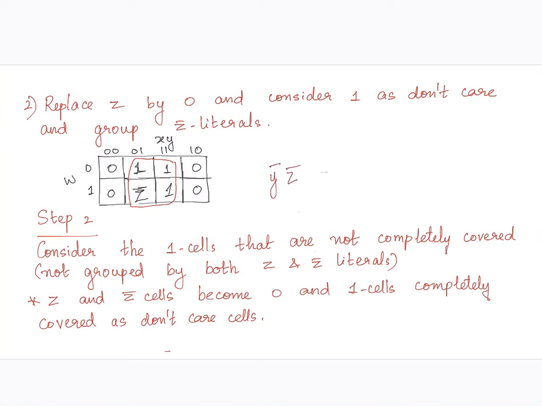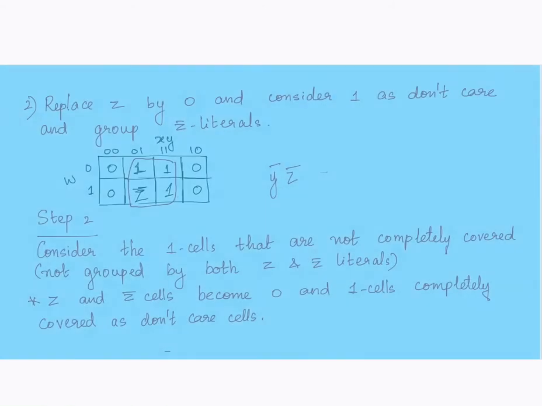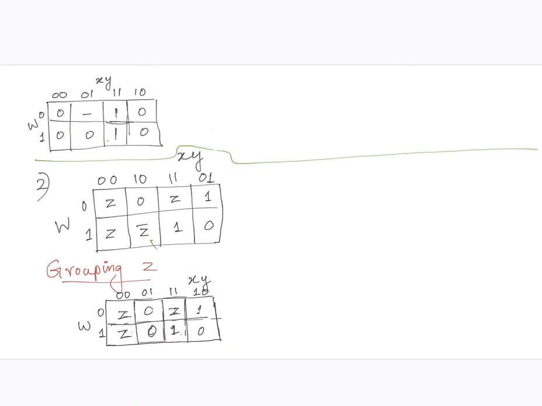Now we have to see whether all the cells are completely covered. That is, it should be grouped by both Z and Z bar literals. So if a cell is covered by both Z and Z bar literals, it becomes a completely covered don't care cell. If it is not covered by both Z bar and Z literal, then it is not completely covered. Now in this case it is being covered by only the Z bar literal, so it has to be grouped again.